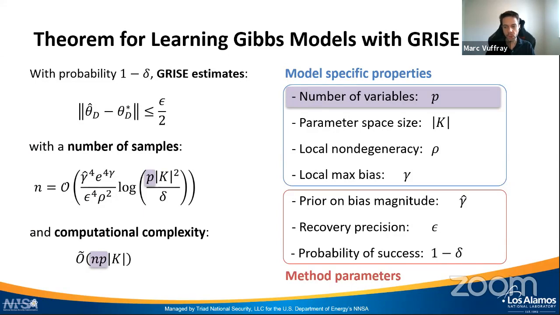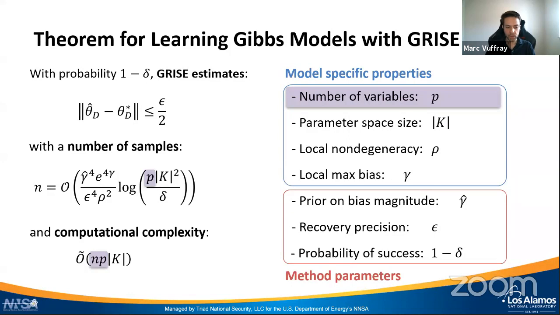The parameter space size is how many basis functions you use. For the Ising model, where you have pairwise functions, it will be proportional to p squared. So in the end, you will end up with a number of samples that is log of p cube.